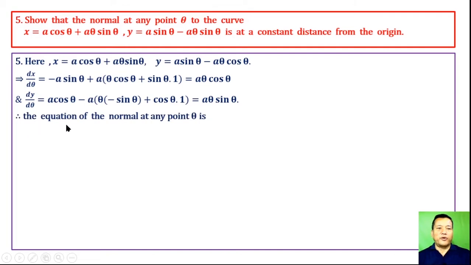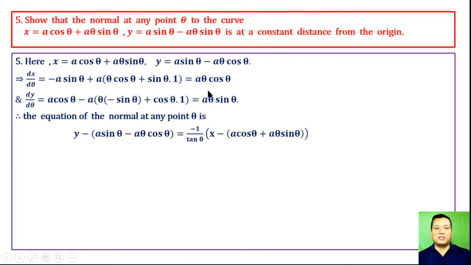Therefore, the equation of the normal at any point theta is y minus y1 equal to minus 1 times the slope of the tangent, dy by d theta divided by dx by d theta, is this divided by this, that is tan theta, times x minus x1.